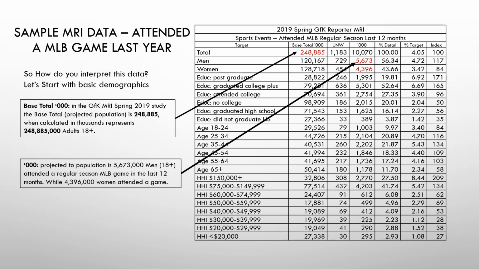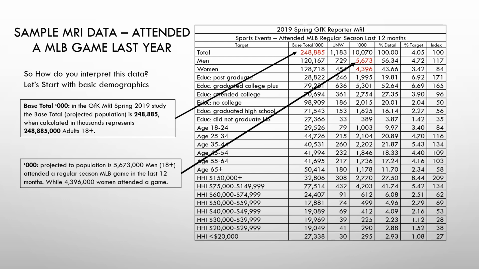Okay. And so I'm going to show you how to read this data so that you know how to interpret it and you know how to use it for other purposes. All right, so the very first thing to look at is what's called the base total.